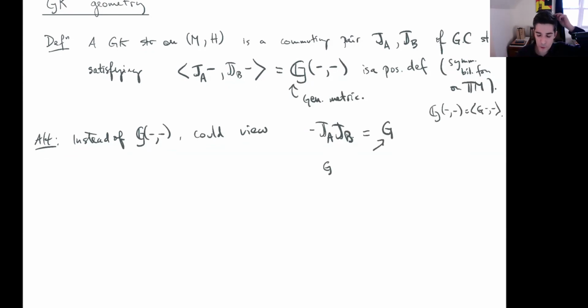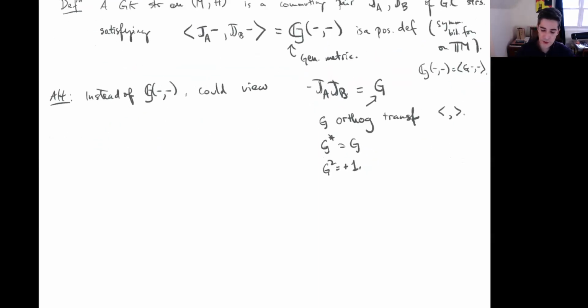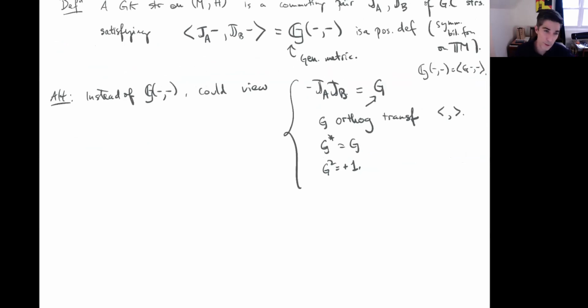JA and JB are both skew, and so this thing is an orthogonal transformation with respect to this canonical metric, and it's also self-dual, and it also squares to plus 1, because JA and JB both square to minus 1. So this is just another way of viewing it, which is going to be really useful in a few minutes.